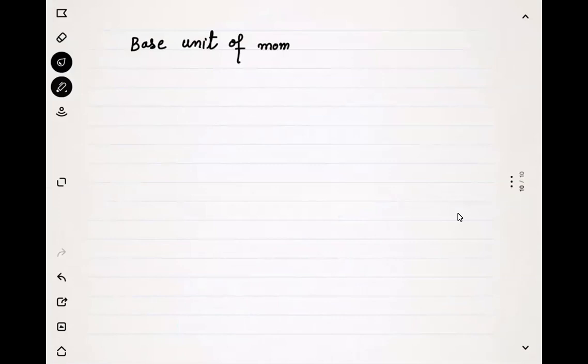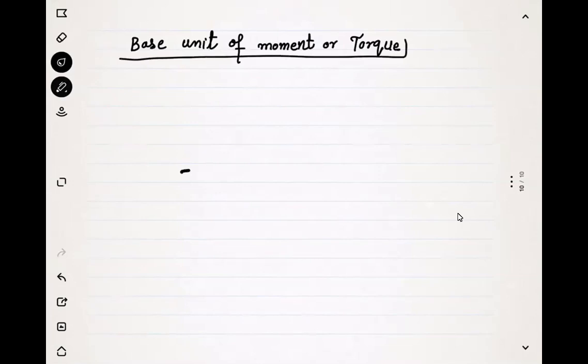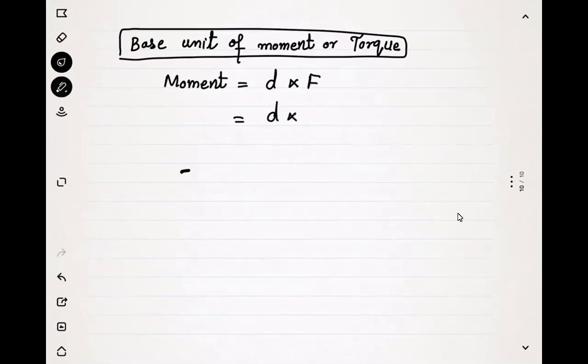The base unit of moment or torque: we can write its formula as moment is equal to d cross F. So it is d cross ma, and if we substitute the units, d can be written in meters, m is in kilograms, and a is in meter per second square.